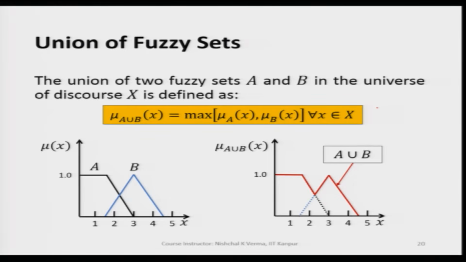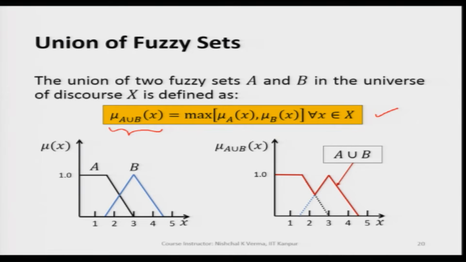In case of the union of the two fuzzy sets, mu A union B of x is computed as the max of mu A of x and mu B of x, and of course, all these x, the generic variable values, must belong to the universe of discourse. So, this is the condition for union of fuzzy sets A and B.